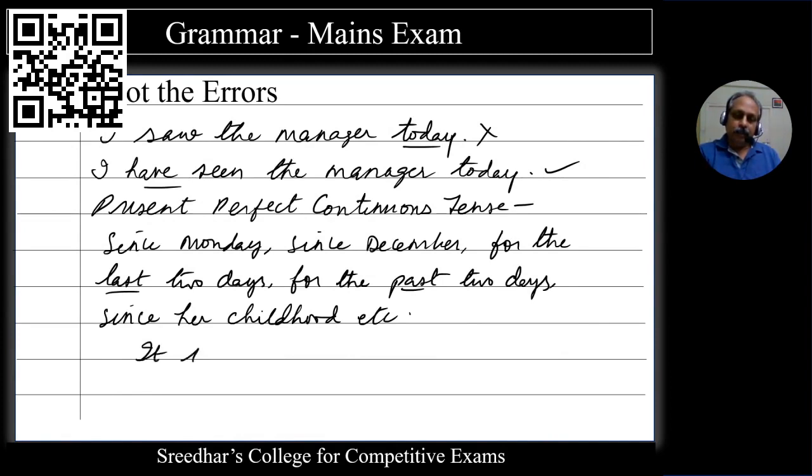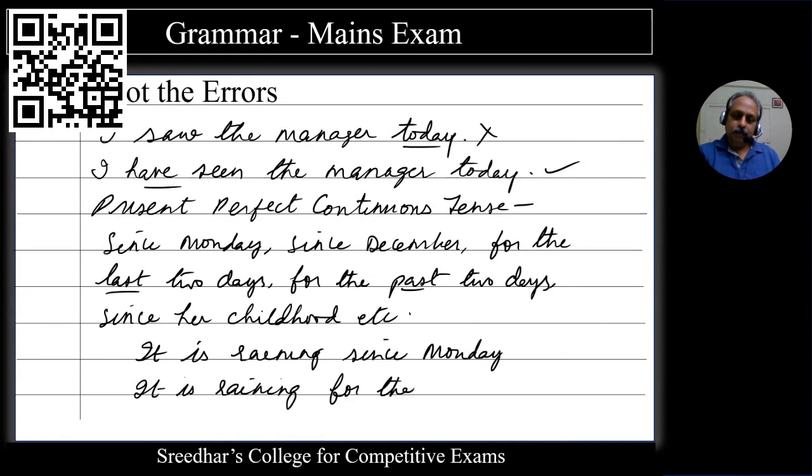One example, I have given this example, I don't mind repeating. It is raining since Monday, or it is raining for the last 2 days. Here, this is wrong. What is the reason? Since Monday, we cannot use present continuous.